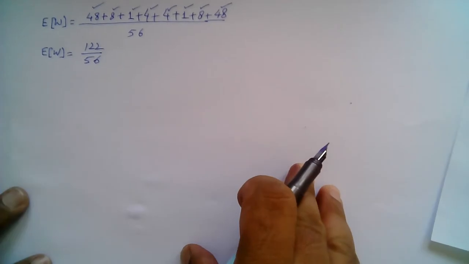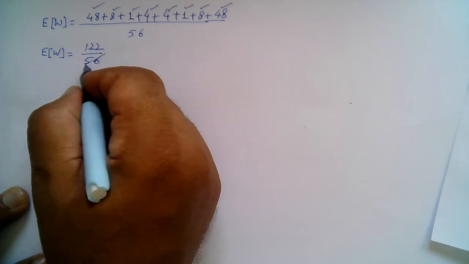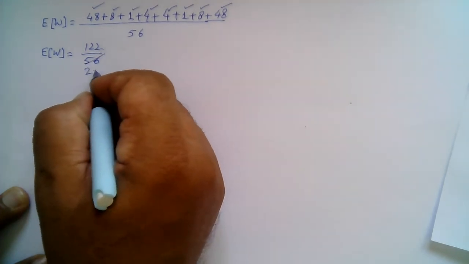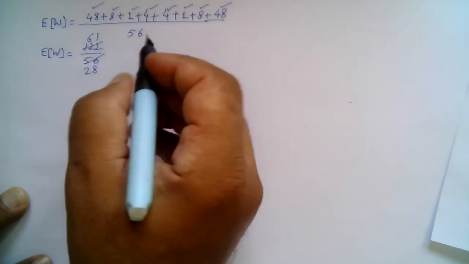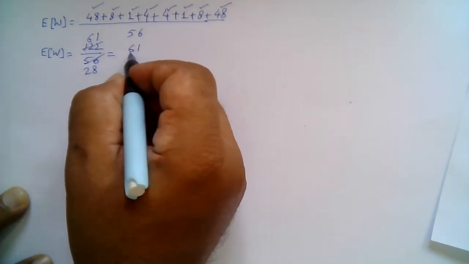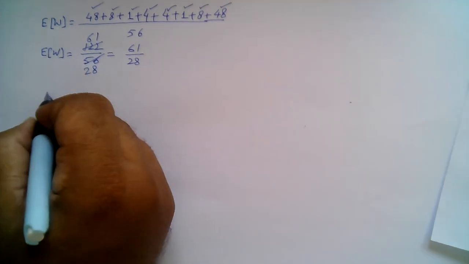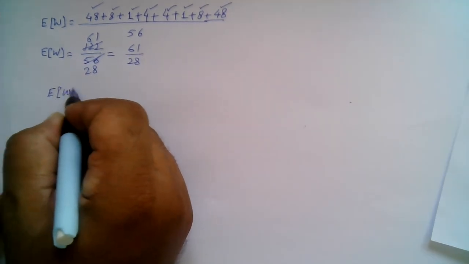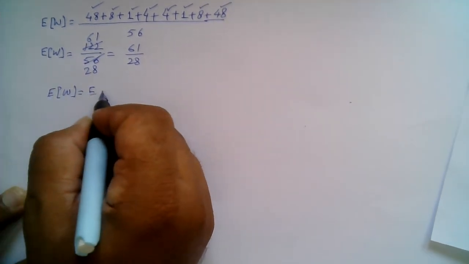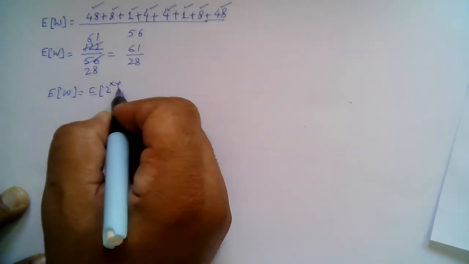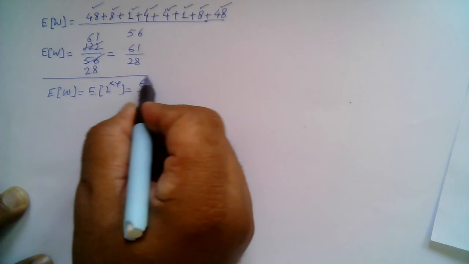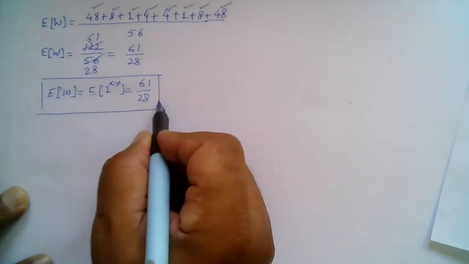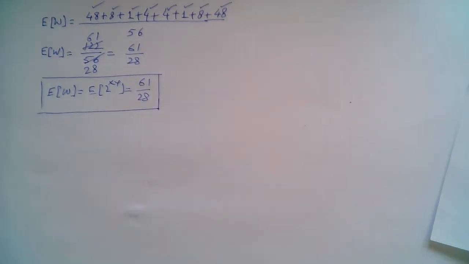This could be simplified, so 2 into 2, 4, 8, 16 and 6, 12 and 1, yes, so 61 over 28. So expected value of W, which is expected value of 2 raised to power xy, is 61 over 28. So this concludes solution of part A.